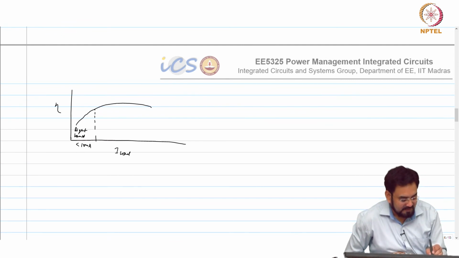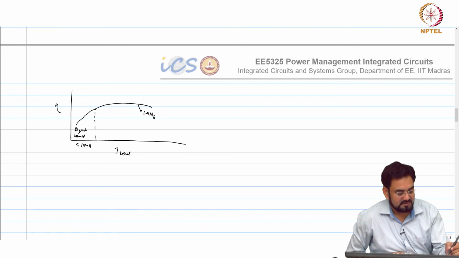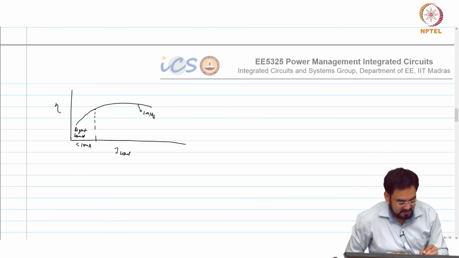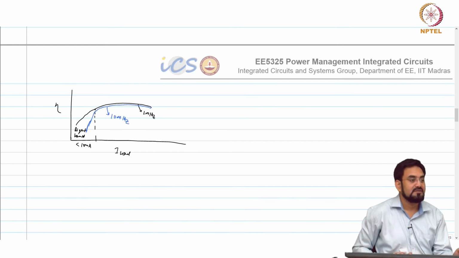And what would happen, let us say this is at 1 megahertz, and if I draw the similar curve for 10 megahertz, you may see slight change, but here you will see a significant change under light load.